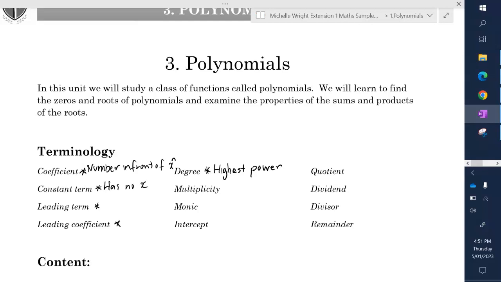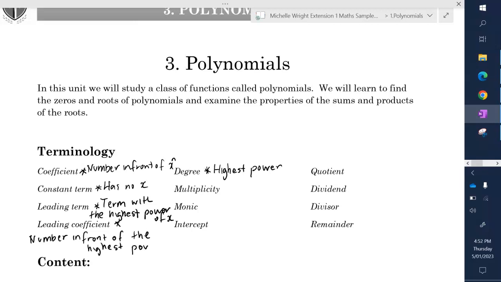Our leading term is the term with the highest power of x. So I want you to write these in there so that you know these. And our leading coefficient is the number in front of the highest power.